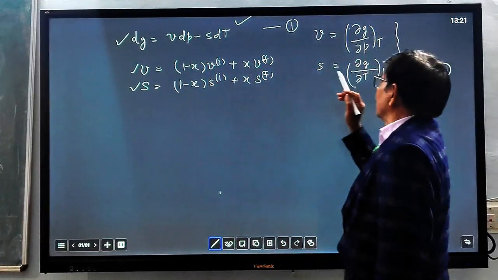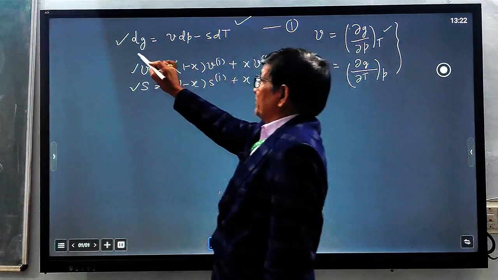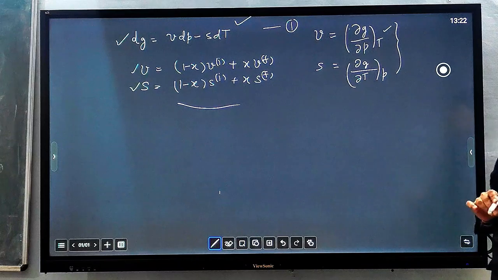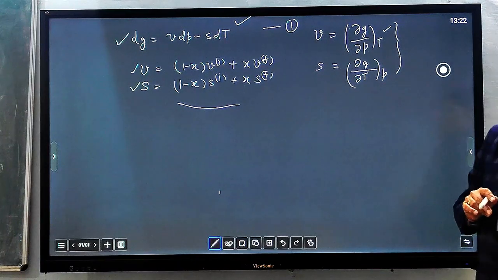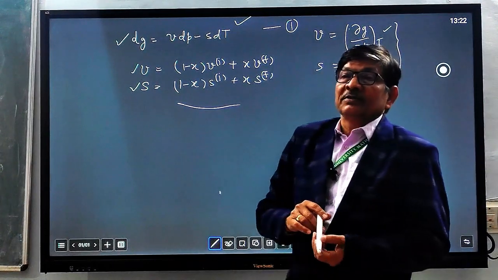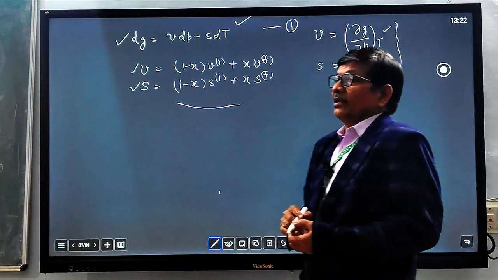Changing at two points, you can define volume change and entropy change in the same equation, the Gibbs energy function dG, by taking two different parameters. So in first order phase transformation, volume and entropy change and the derivatives of the Gibbs energy function are discontinuous.